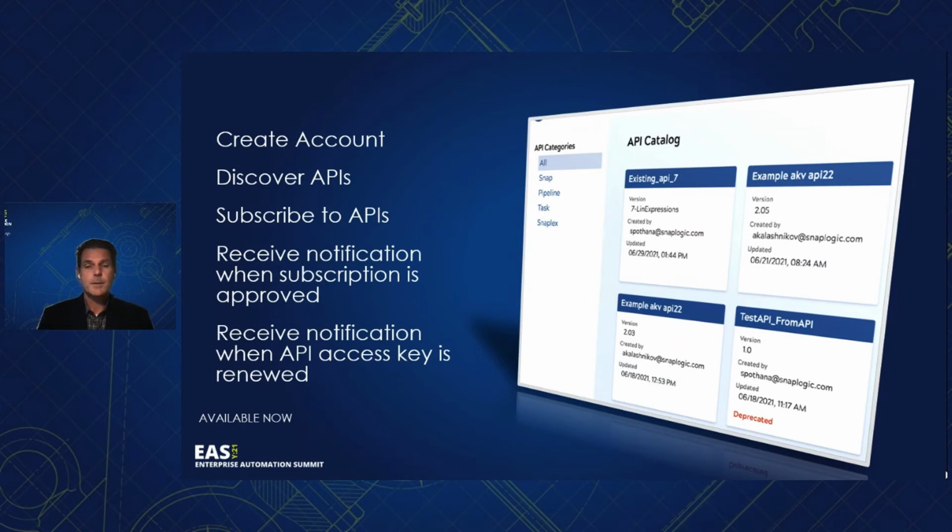They can also subscribe to those if they want to be able to use those. And then when they are approved, they will receive a notification all through the developer portal. And then, of course, we have the key management capabilities, so that when a key is refreshed, they will also get notifications. So these are some of the enhancements that are available now within the API developer portal.